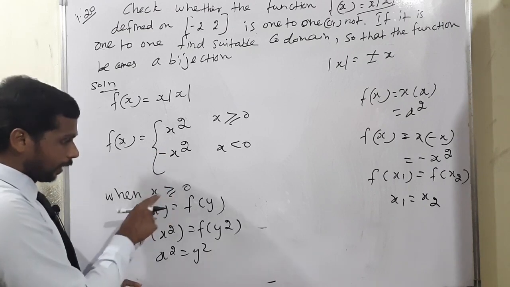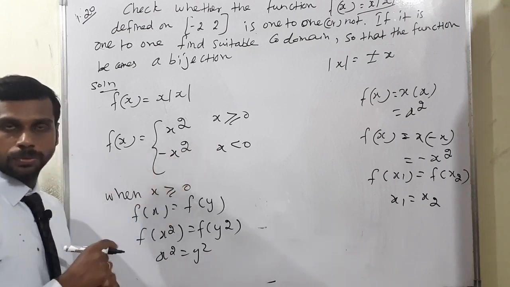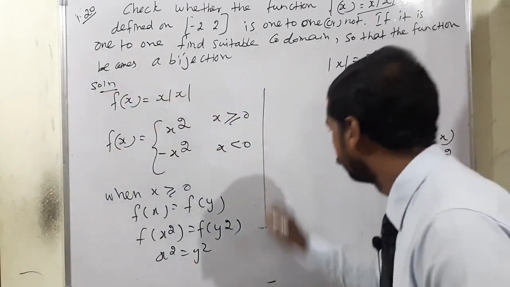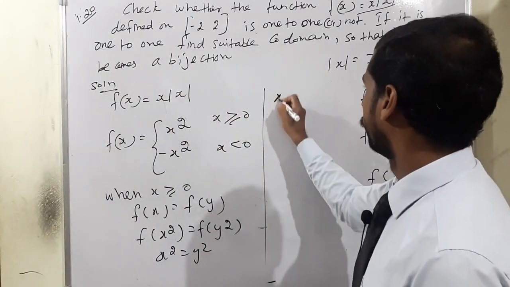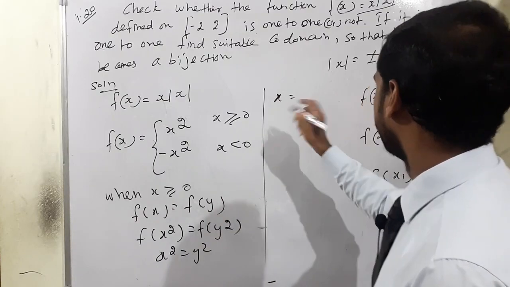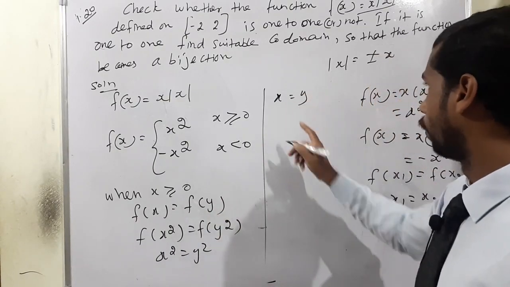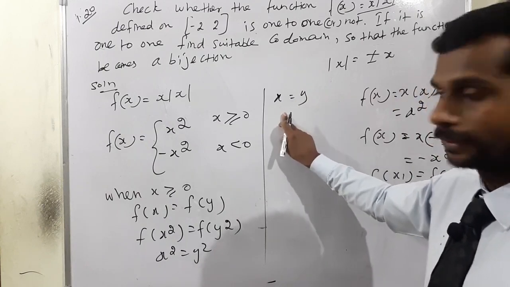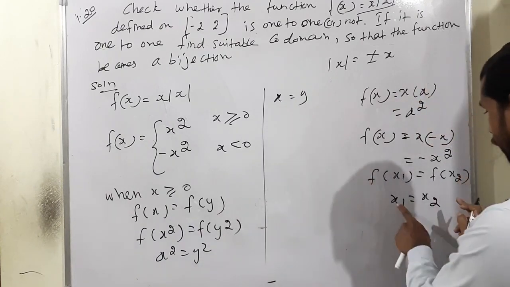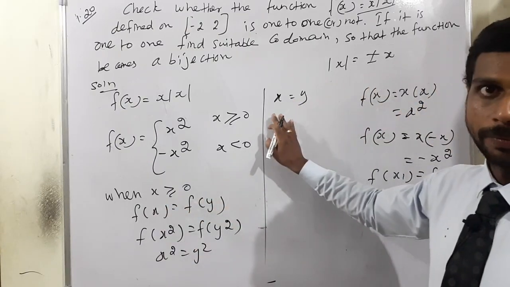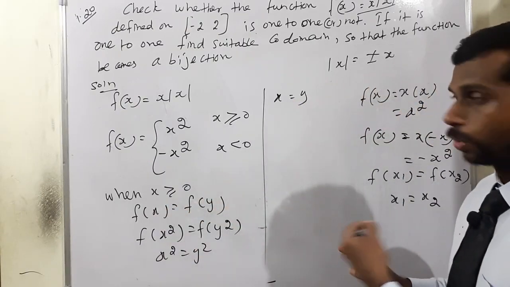But since we have the condition greater than or equal to 0, no need to consider the negative value. After getting the result x1 is equal to x2, here considering x and y, we have x is equal to y. Definitely the first condition is one-to-one.